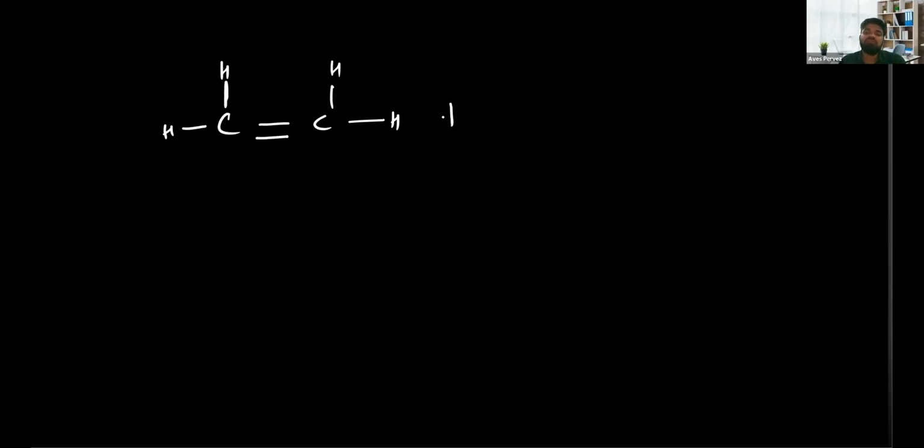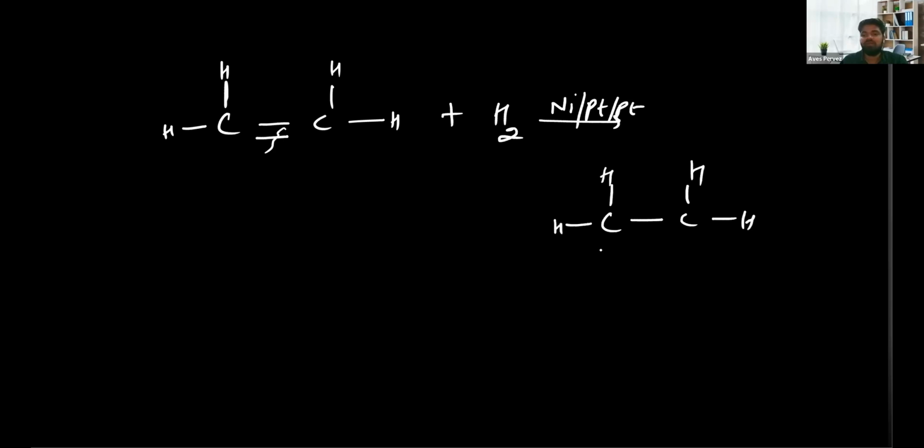We say that this is an unsaturated hydrocarbon. Why? Because if we add hydrogen to it in the presence of nickel, palladium, or platinum, and pass hydrogen gas through it, then this bond will break and the 2 new valencies of each carbon will be freed.